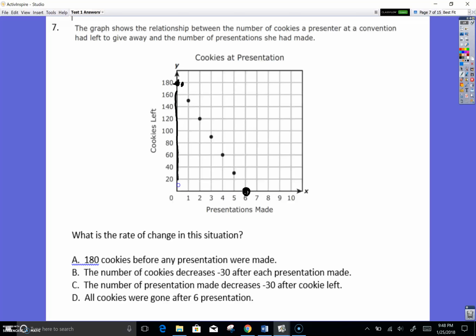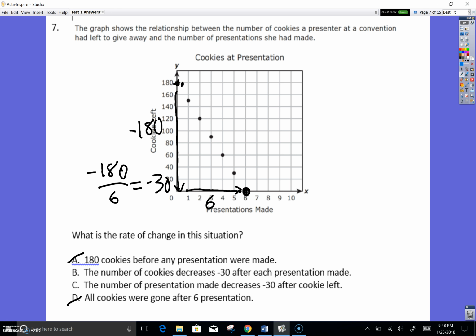So the change here is 18. So that's negative 180. And you go over 6. Negative 180 divided by 6 is equal to negative 30. Okay, so I have 2 things with negative 30 here, okay? So I eliminate those 2.